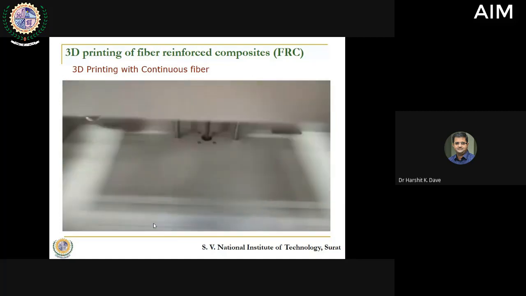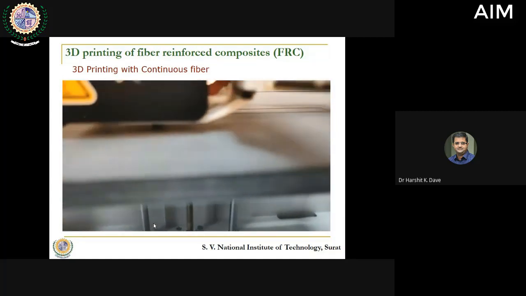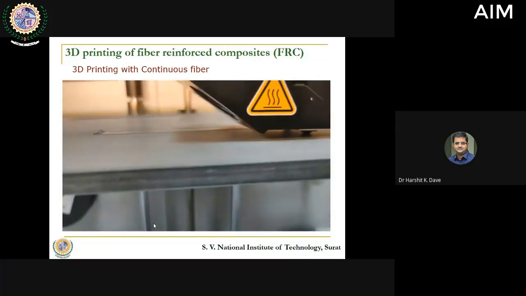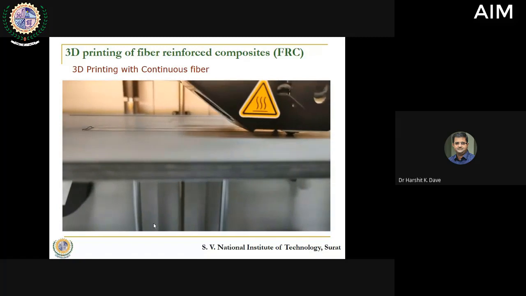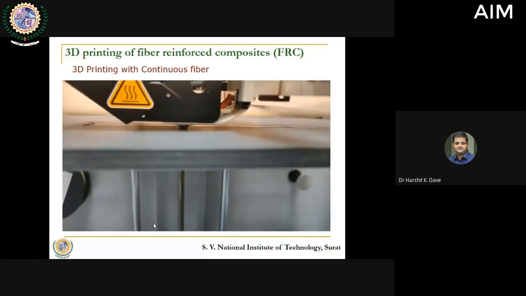At some point you would be able to see the way in which the fiber filament is also laid. Right now it is the polymer that is being laid. The black color is the polymer, and the white color would be the glass fiber.